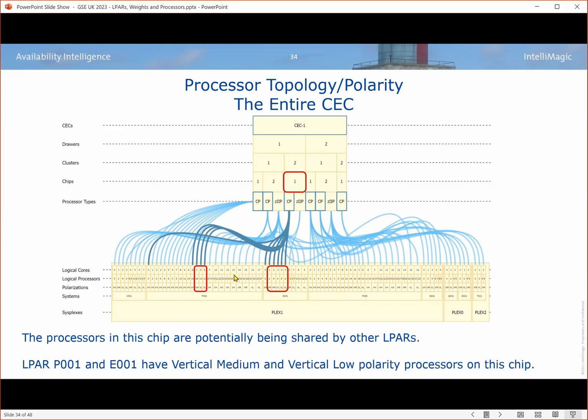That's great. But we do see that other LPARs, in this case P001, also has vertical mediums and lows on that chip. So it could quite be the case that workload is being dispatched from those two LPARs on those shared processes. That's the idea. And that's going to affect potentially our efficiency and increase the number of cycles.